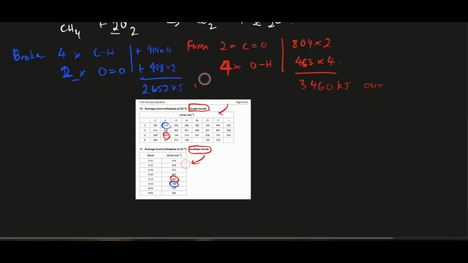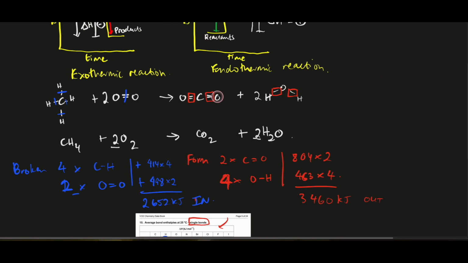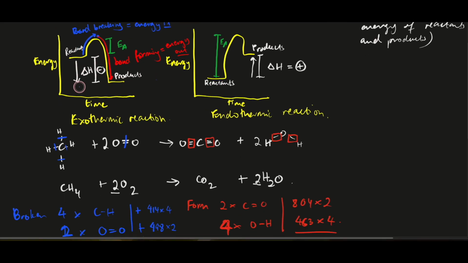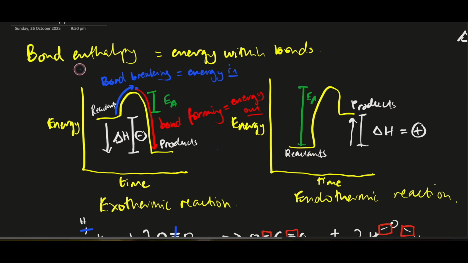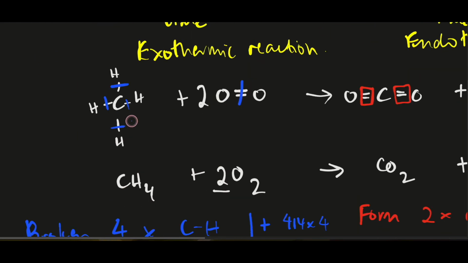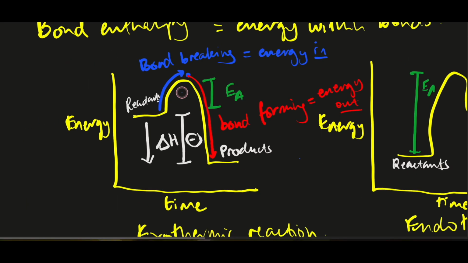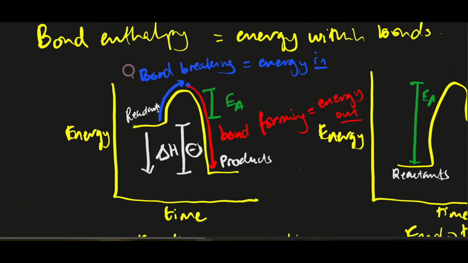This is how much energy goes in. So what we can figure out is delta H. Let's focus on this graph over here. This upwards part of the graph is 2,652 kilojoules.